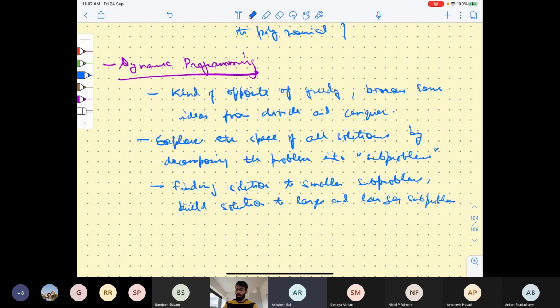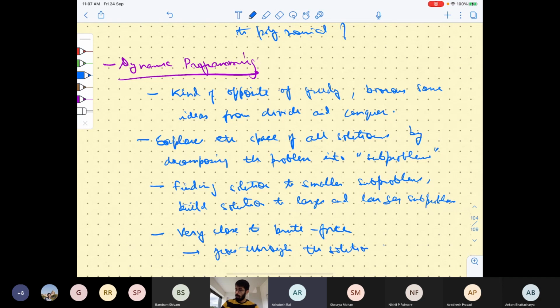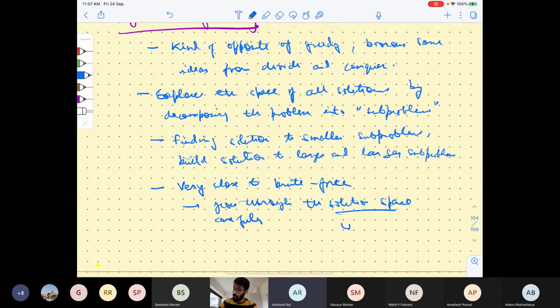Good. So it might look like this is very close to brute force, that you are going through the whole solution space and so on. But again, it goes through the whole solution space carefully. And this solution space can be exponential.